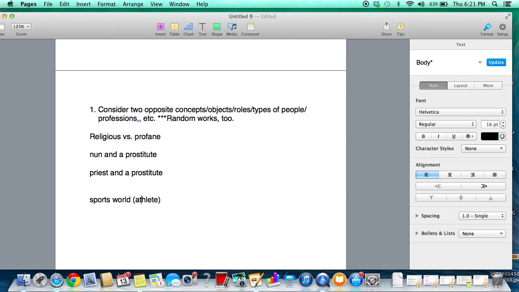Okay, let's go really extreme. What if we had a world-class basketball player, I guess, and what would be a quote-unquote opposite or something unexpected that you wouldn't think would go together?